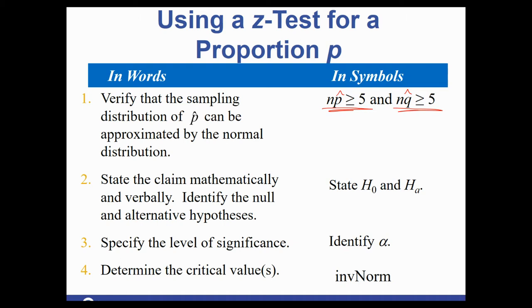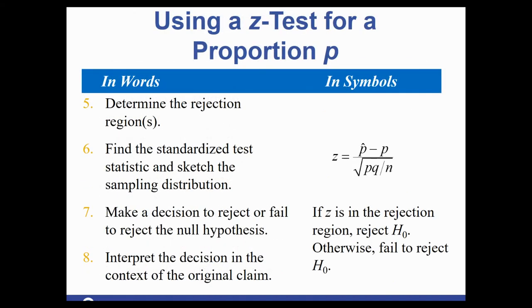Then we will write our hypothesis using our p instead of our mu. We will be given that level of significance, use inverse norm to find that critical value, make that sketch and mark that rejection region, use our standardized test statistic formula, and then we're going to make that decision either to reject or fail to reject, and then write our conclusion sentence.